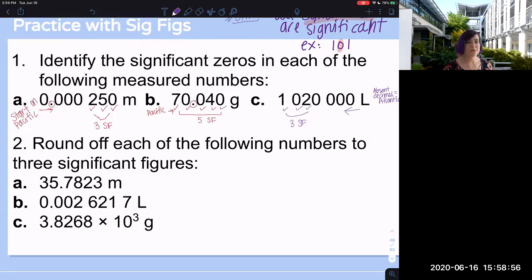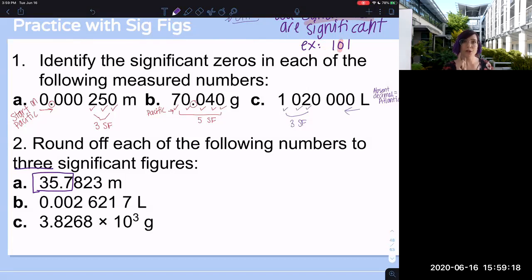I want my answer to be pretty close to 35.78. So when we're rounding for sig figs, check yourself, because if you tell me that this 35.78 turns into 3.5, we can't change the number that much. So I'm going to put a box around the 3 digits I think are the most important for the value, because they asked me for 3. And then I'm going to look to the outside of that box.